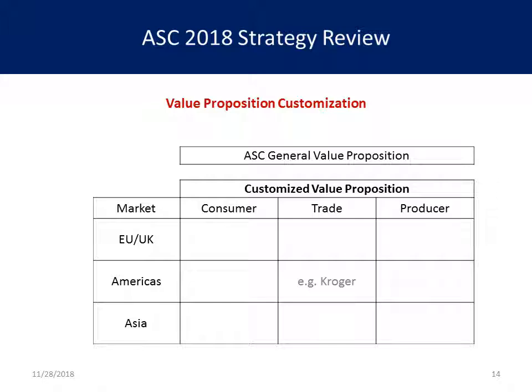We would have to have a variation of that value proposition for consumers versus retail trade versus producers, because they value different benefits differently. And then even within trade, for example, we may need to customize value propositions for key major retailers or customers out there. So I put Kroger in here as an example. So after we've been able to develop and think through a general value proposition, a next step is to be able to customize it appropriately.